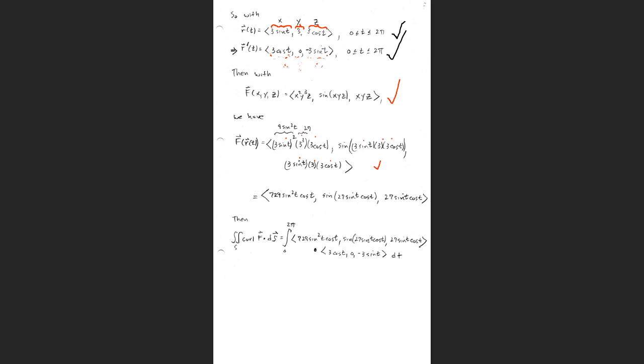The vectors are functions of position, but what gives the position on the space curve? It's r of t. So this, as it turns out, is going to be f, the vector field, evaluated at r of t.